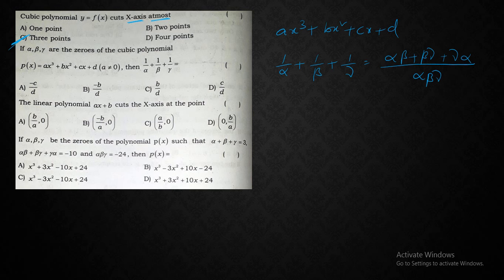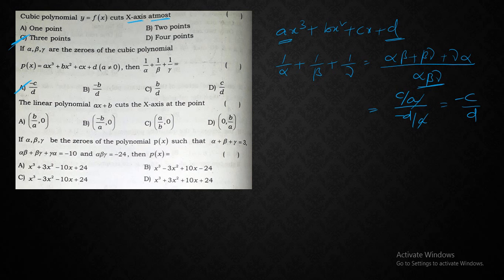So the sum of product of zeros taken 2 at a time is given by x coefficient by x cube coefficient, which is c by a. Next, product of zeros is minus constant by x cube coefficient, so minus d by a. So a gets cancelled. So the answer is minus c by d.